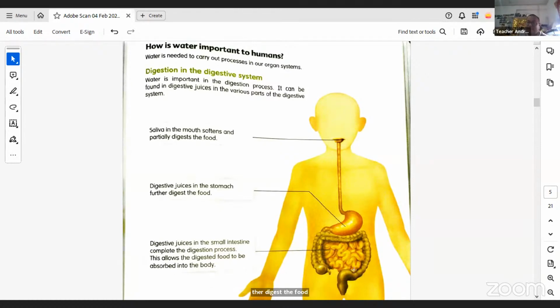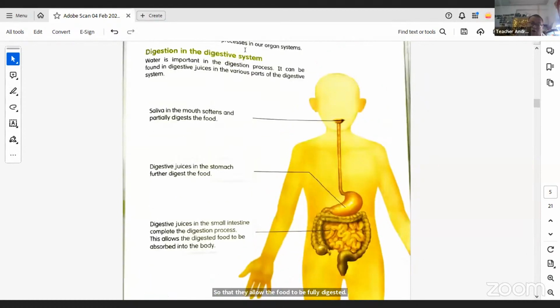The juices in the small intestine also contain water so that it allows the food to be fully digested and absorbed into the body. So all these three stages, different parts of the system, need water.